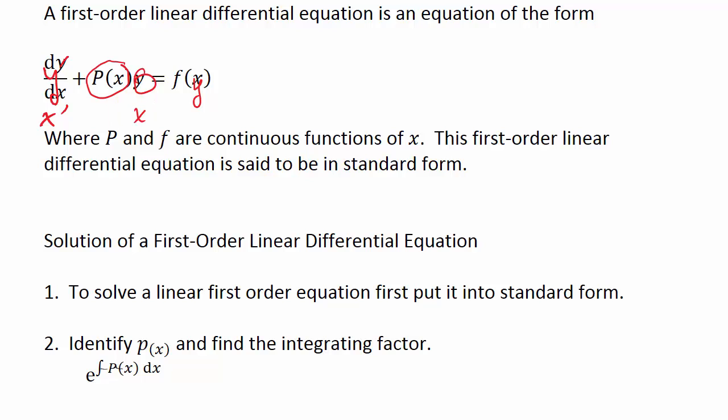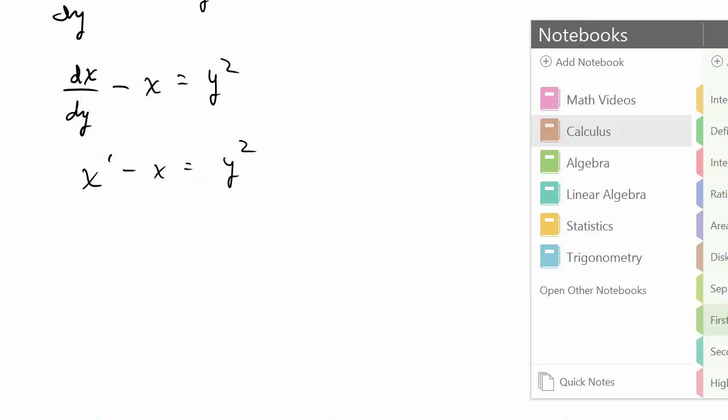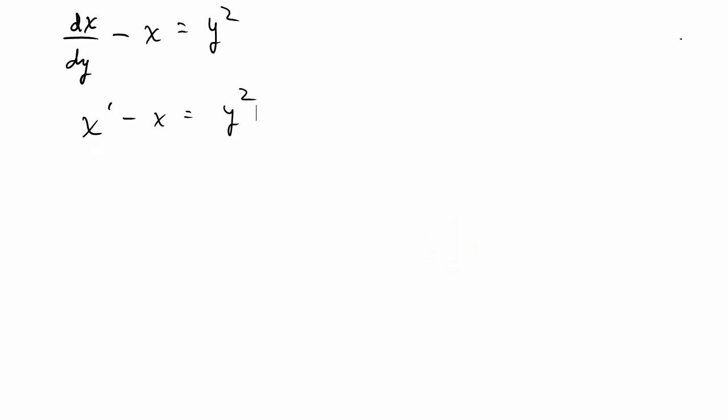Since we have the x prime and the x, instead of integrating with respect to dx, we'll be integrating with respect to dy. So my integrating factor is e to the integral, and what's in front of x? Well, that's -1 dy. And so this is going to give me e to the -y as my integrating factor.